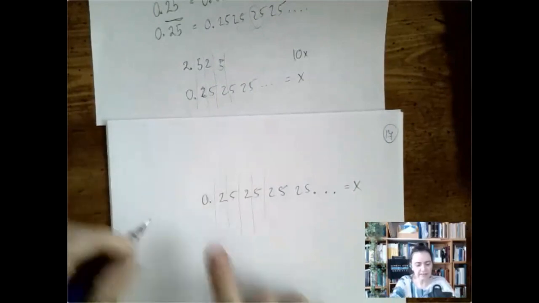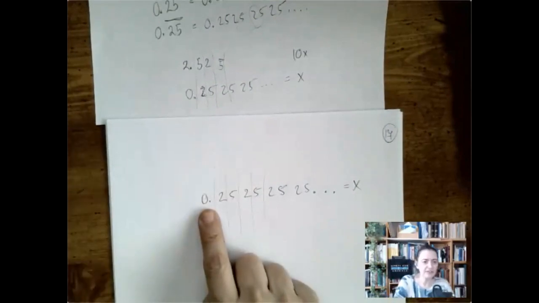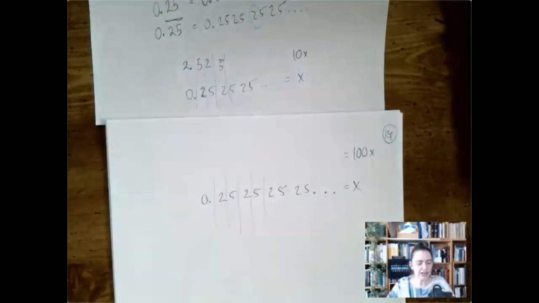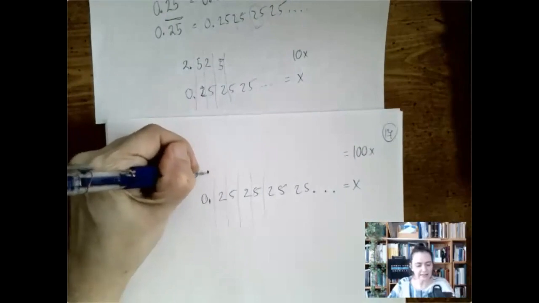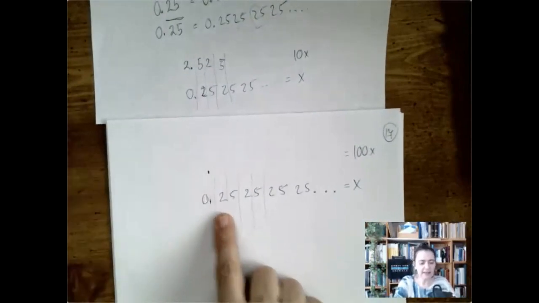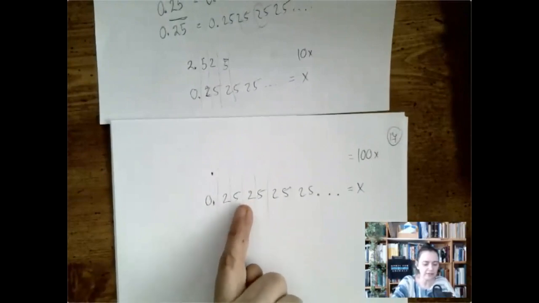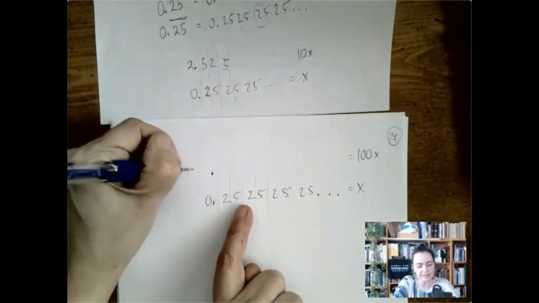So the next step, we're going to subtract. For subtraction, the decimal points should be aligned, so I'm going to put the decimal point there. If we multiply this number by 100, we get 25.252525..., and I copy that number around the decimal point.